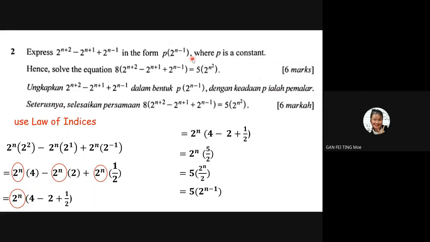Masalah sekarang, the question never asked you for the value of P. So then you need to continue to the next step. So just tinggalkan dia begini, meaning this whole expression is equal to this, therefore your P is 5. Then you compare 2 to the power of n minus 1 is the same.